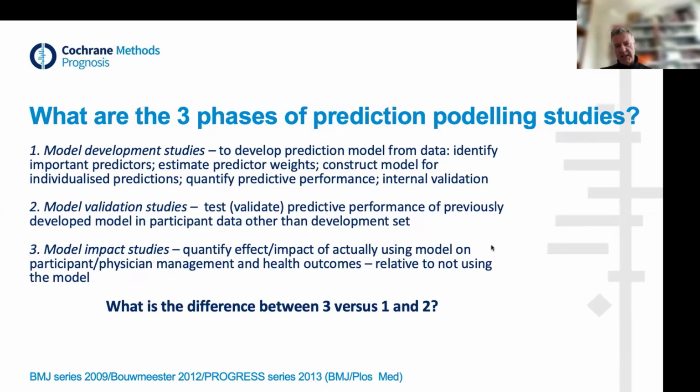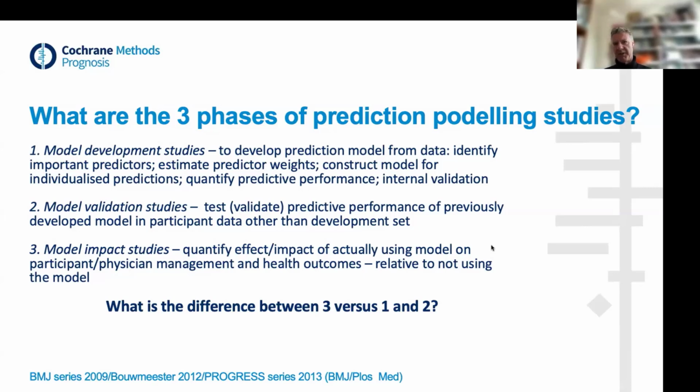So actually you have an index group where the model is used, including the subsequent treatment decisions or management decisions, as compared to a control group where that model is not used. And if the model is indeed having some impact, you expect that the management in the index group with the use of the model is different, and the outcomes are different, than the management that is used in the control group where the model is not used.